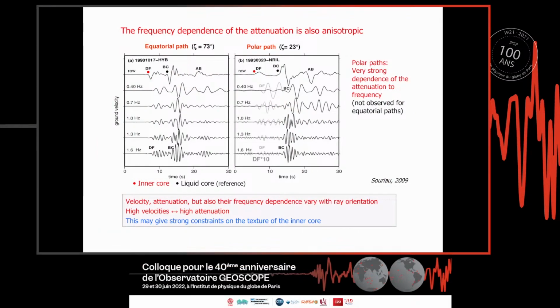You observe here, for example, that the amplitude ratio between DF and BC is unchanged with frequency, and here that it collapses when the frequency increases. Here DF is multiplied by 10, and even so it's difficult to observe. So this is a strong argument in favor of an explanation by a texture inside the inner core.